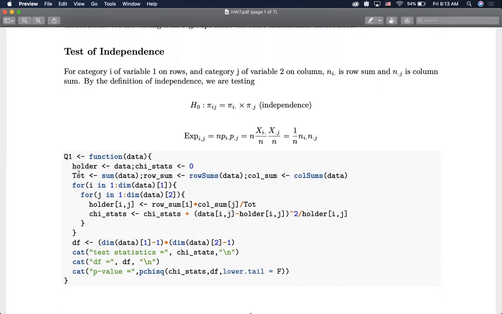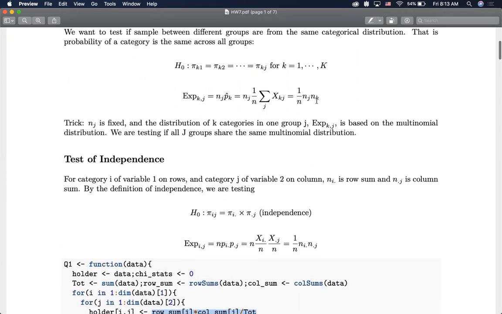Basically, this just extracts from a given table the row sum on the very right-hand side, the column sum at the bottom, and the final total sum at the lower right corner. Now I iterate over all ij in that table. Row sum of i times column sum of j divided by n gives the expected value for each ij pair.